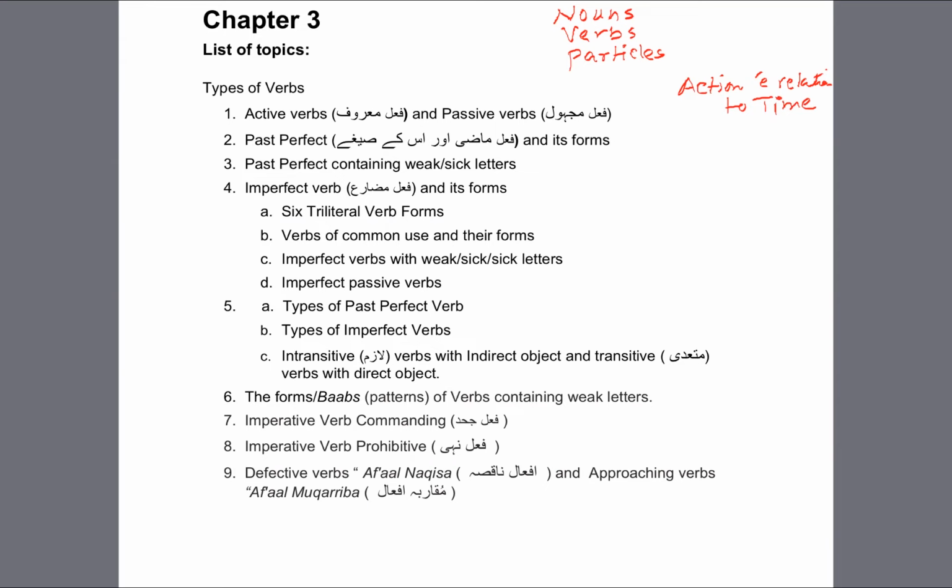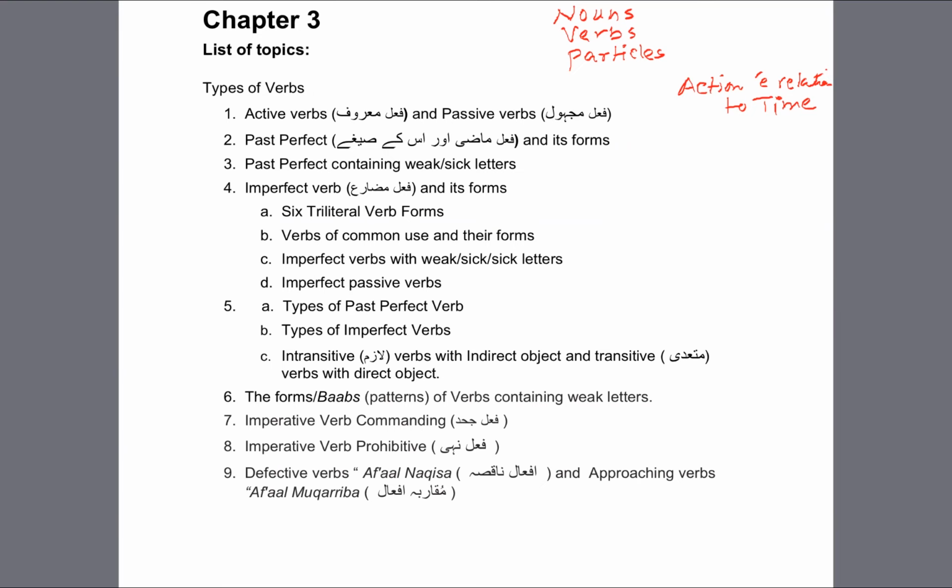So past perfect and its forms, past perfect containing weak or sick letters, imperfect verbs and its forms. Imperfect contains present and future, because every moment in time that is past is becoming future. That's why the present is not a separate entity in Arabic grammar. So the present and future are both combined.